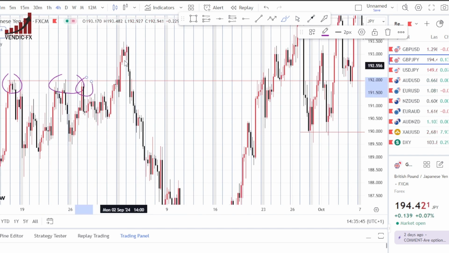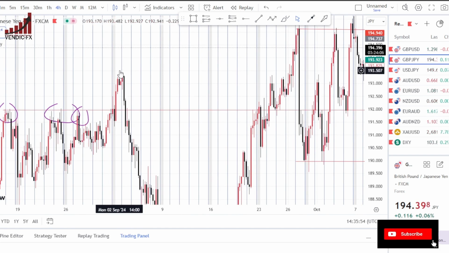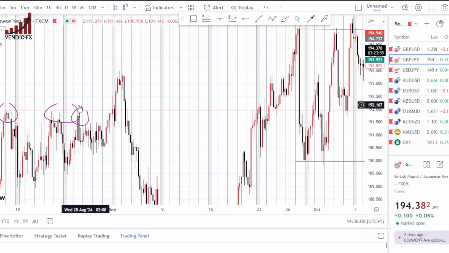So this particular move, if you check it very well, tends to reverse around the whole number or the fraction. These are things you really need to put in place.